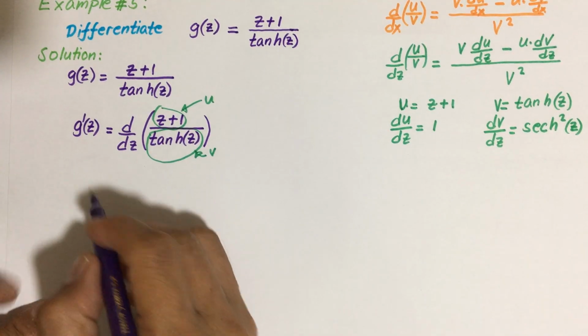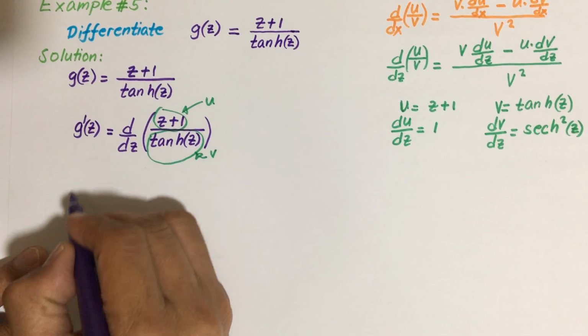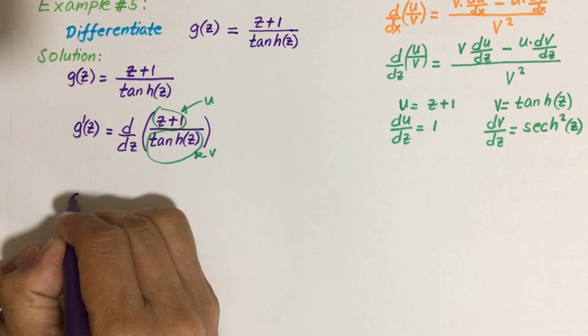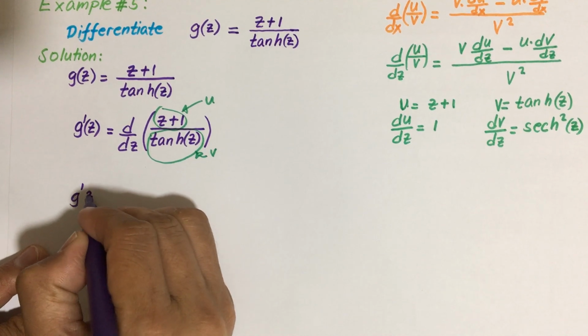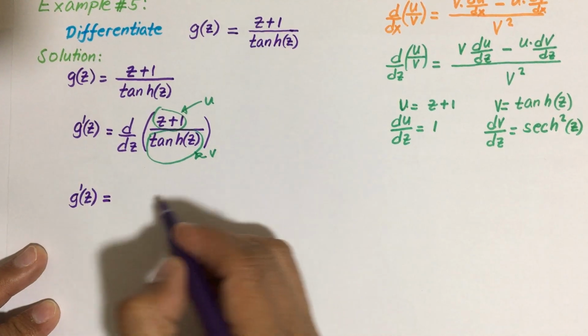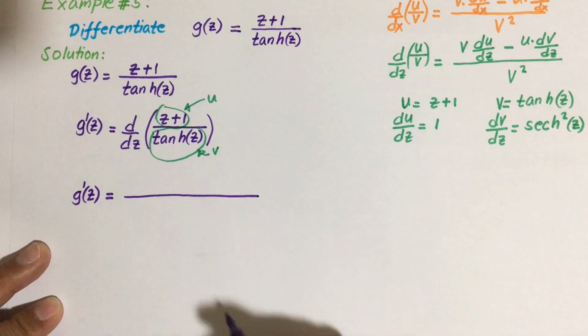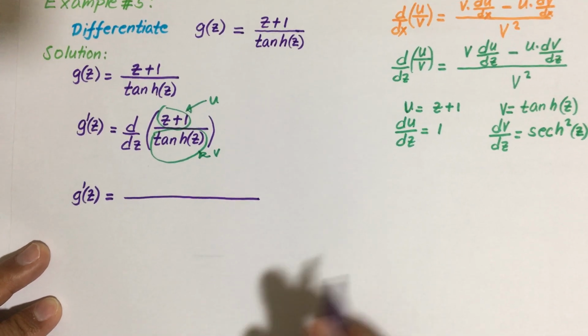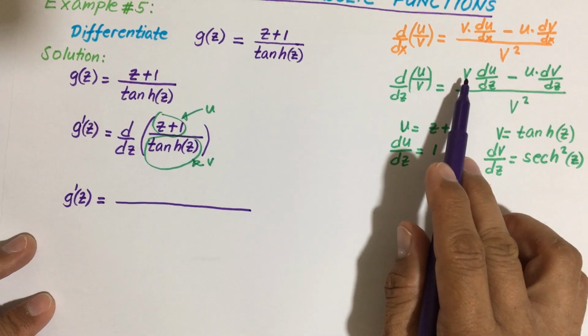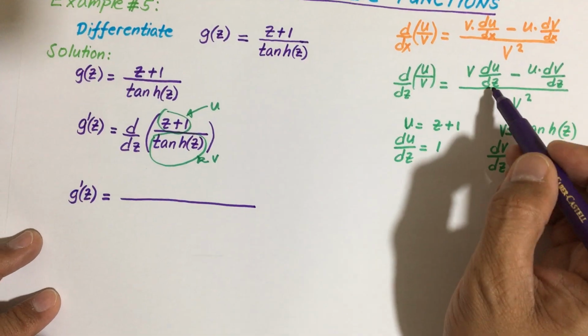Okay, now substituting this result to our derivative. So we have g prime of z equal to, our formula is v times derivative of u with respect to z.